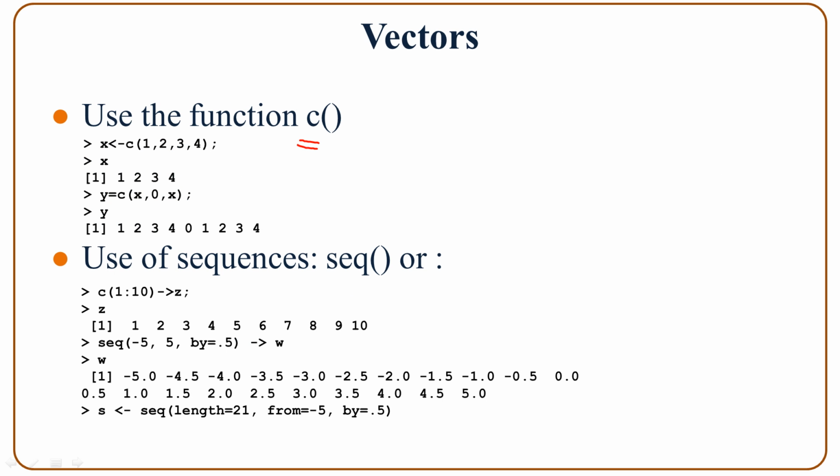And we can also combine vectors in vectors. So here we combine vector x and 0 and also x again to create a new vector. You see here, this is x, this is 0, and this is x again, and the whole thing here is a new vector.